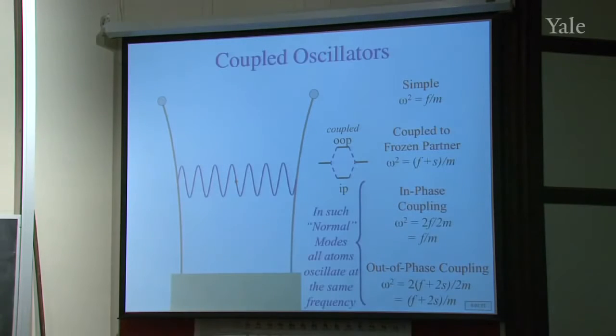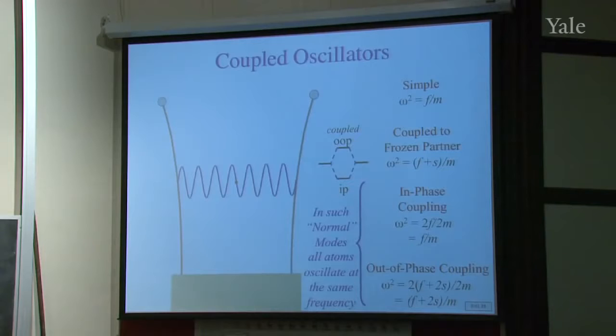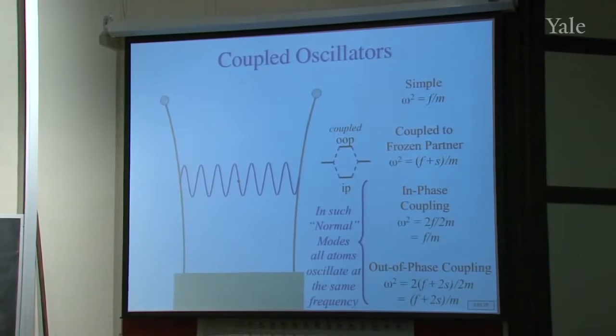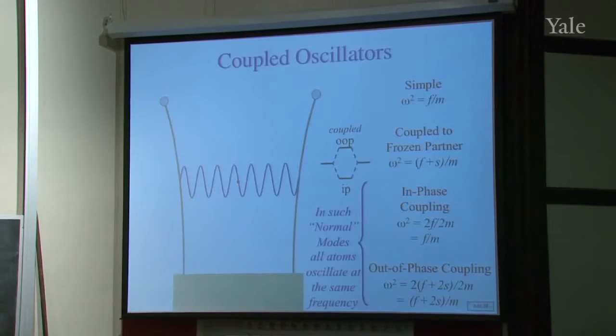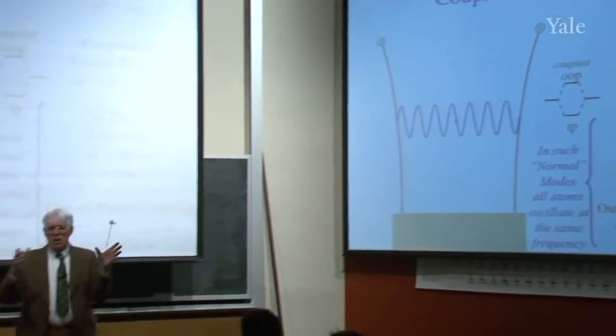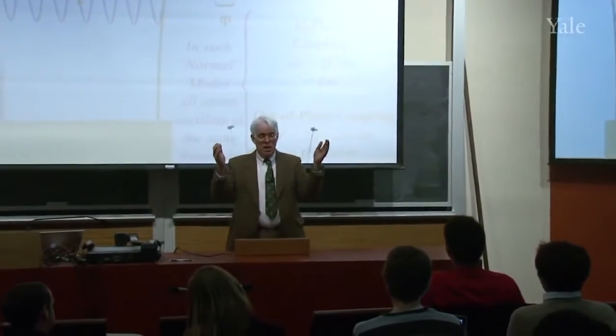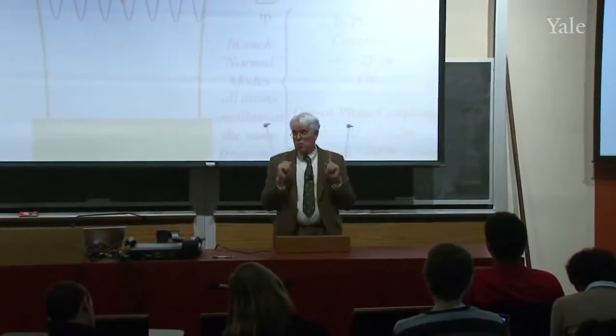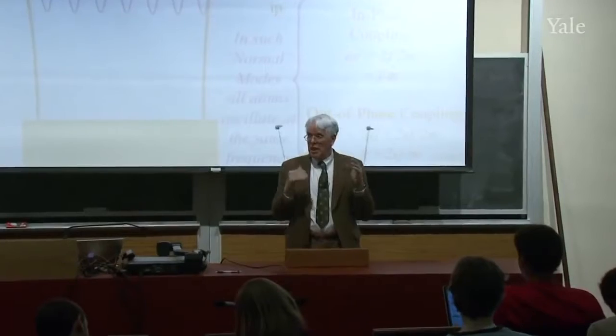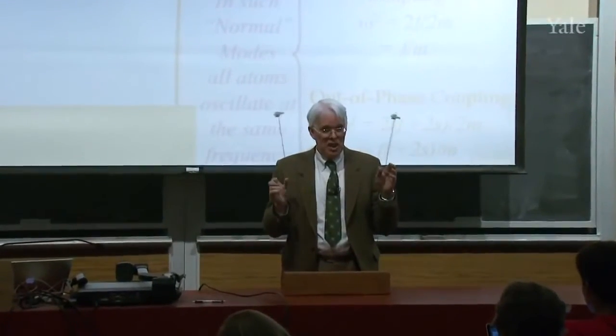So either of these, the in phase or the out of phase, is called a normal mode. The meaning of it is that in that pattern of vibration, all the atoms are oscillating at the same frequency. It's a lower frequency here and a higher frequency here, but both atoms are moving in phase with one another at the same oscillation frequency.